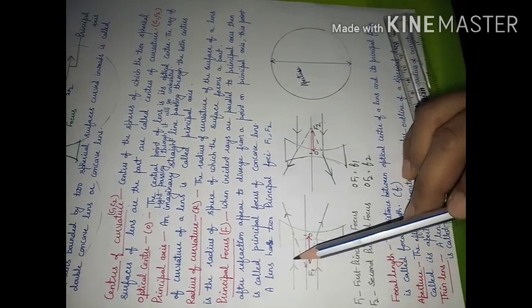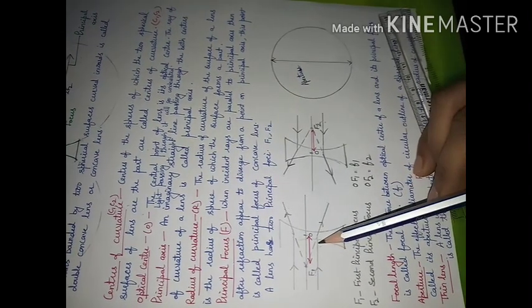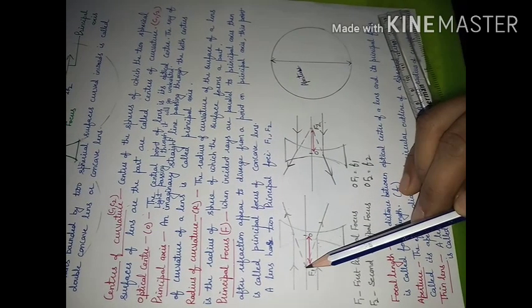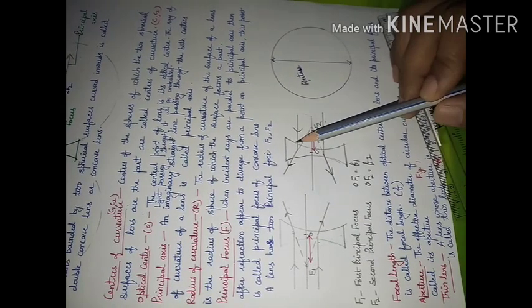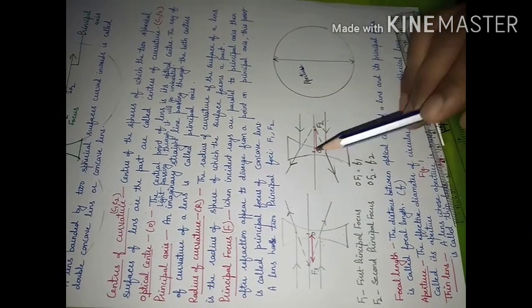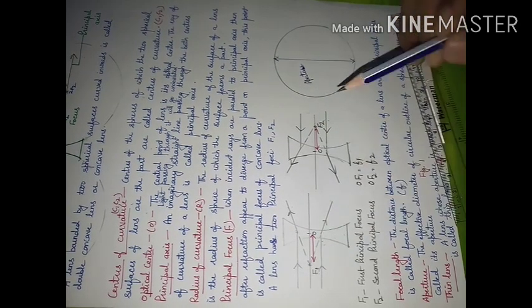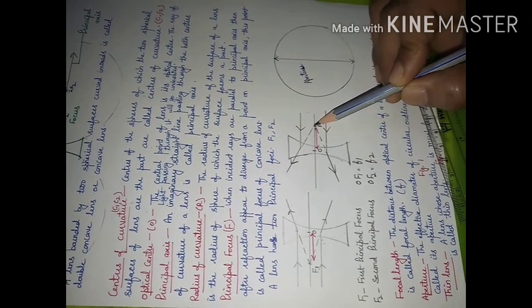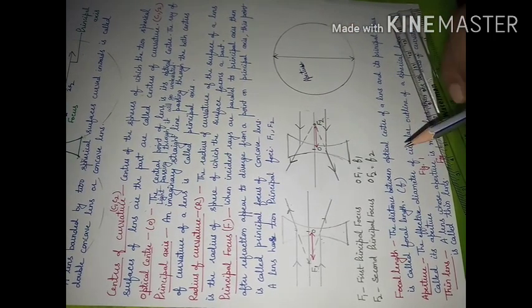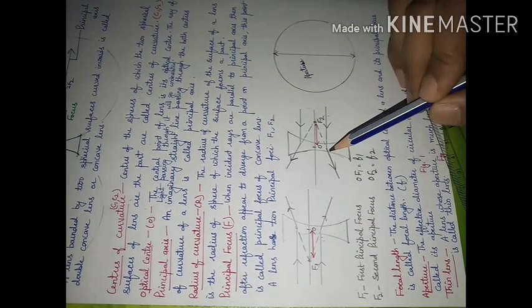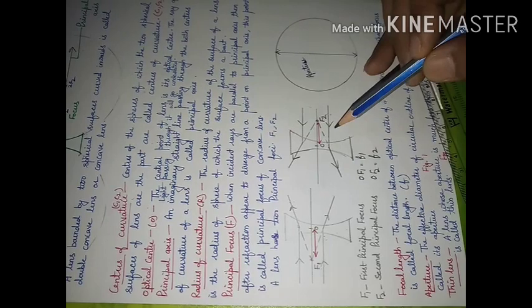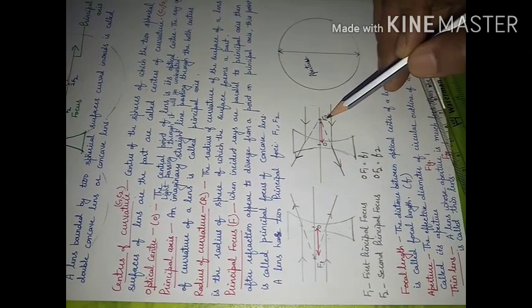If your incident ray is coming in this direction, then you will have the focus on this side. If your incident rays are coming from this direction, then you will have your focus on this side. So this is also a principal focus, this is also a principal focus. A concave lens will have two principal foci, f1 and f2.